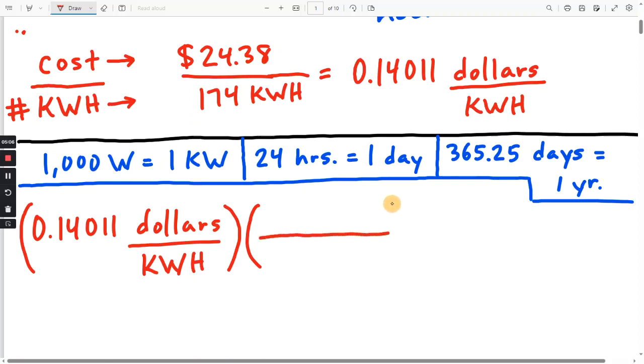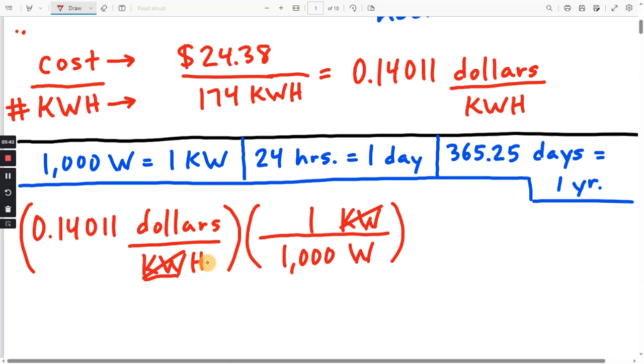Now you can cancel units just like you cancel numbers. Okay, since we have kilowatts in the denominator, I want kilowatts in the numerator right here. This way kilowatts over kilowatts cancels. Alright, so 1 kilowatt in the numerator equals 1,000 watts in the denominator. Alright, and now we can cancel kilowatts and kilowatts. Okay, we're still left with the hours.